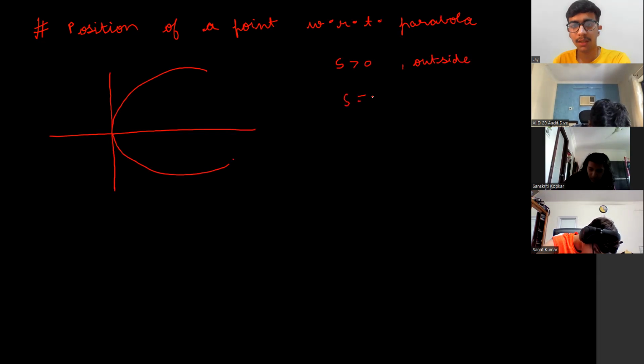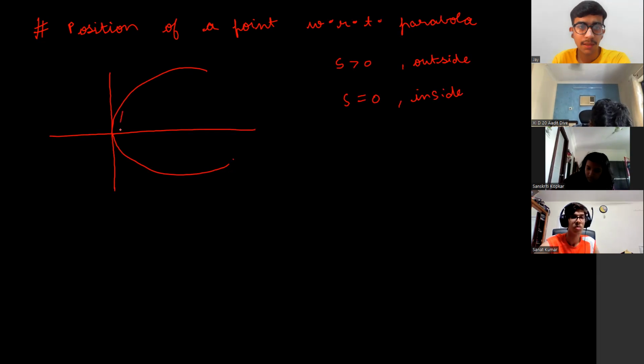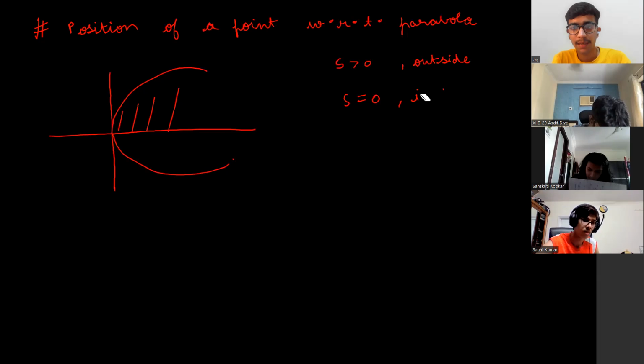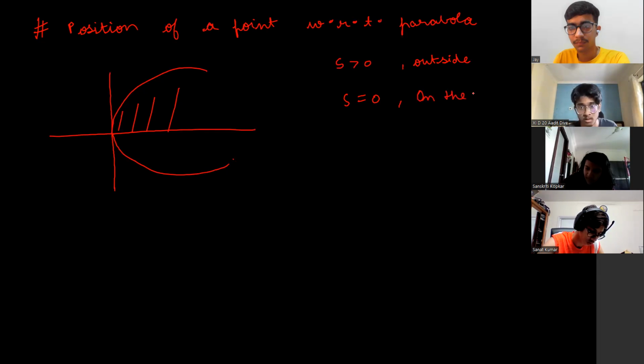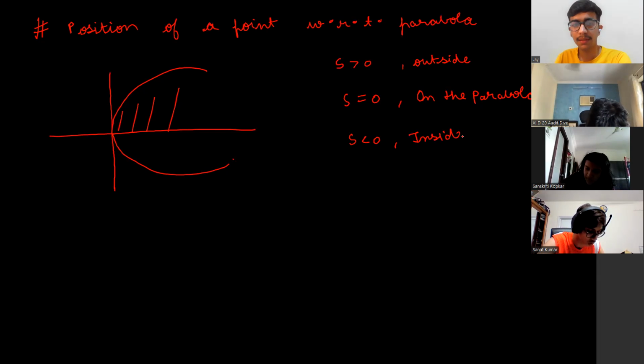If S is equal to 0, that means the point is on the parabola. And S less than 0 means the point is inside. Sir, how does inside exist? Inside is between these two curves, since the arms go on infinitely.